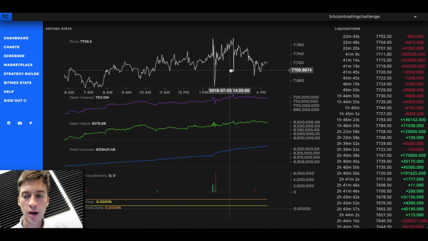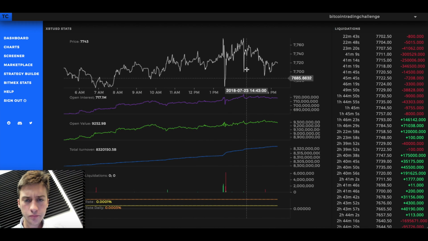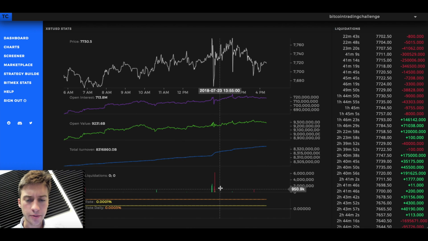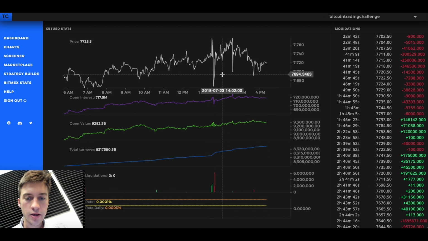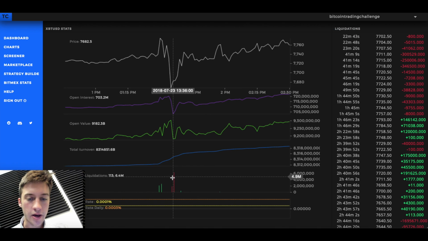So if we just look at really what I mean by that, take a look at the liquidations here. Red represents when longs get liquidated. Green represents when shorts get liquidated, also indicated here. I saw that many longs got liquidated here, around 6.4 million longs liquidated here, and then we had many longs liquidated here, 1.9.